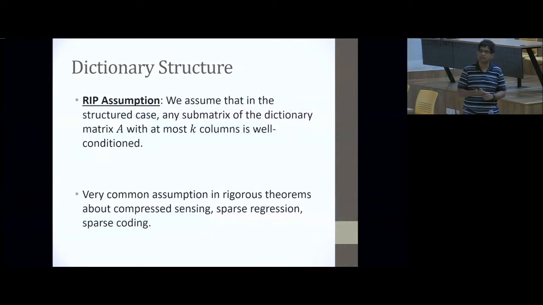I am making an assumption on the dictionary, and that is the restricted isometry property (RIP): any subset of the dictionary matrix with at most k columns is well conditioned, so it is roughly orthogonal. This RIP assumption is very common in provable works in machine learning about compressed sensing, sparse regression, sparse coding, and so on. It would be very interesting to weaken this assumption, but that's an open question.